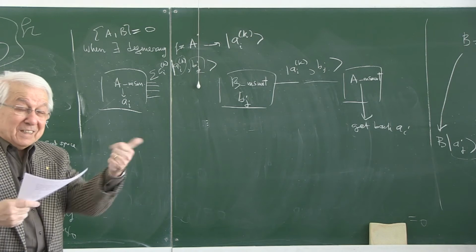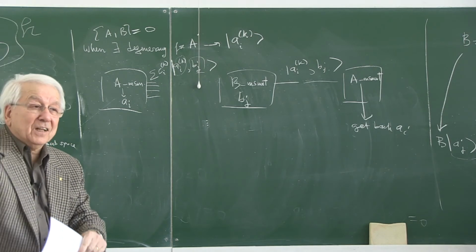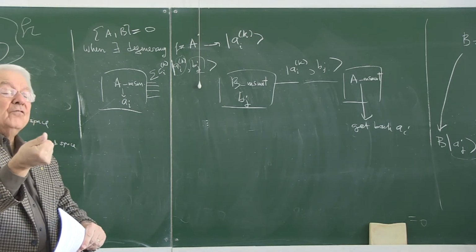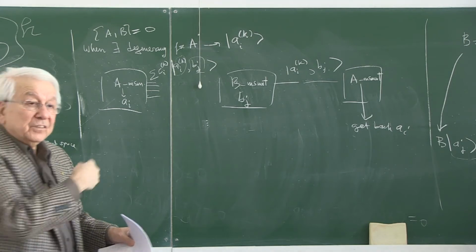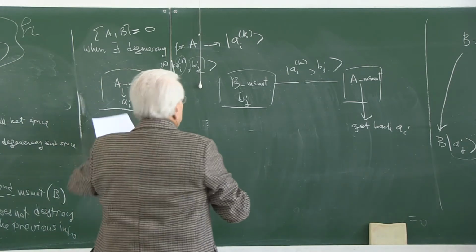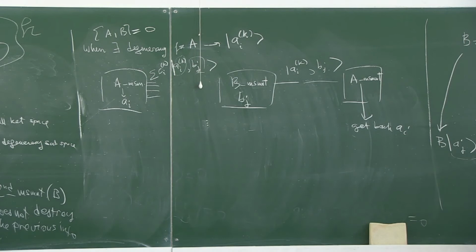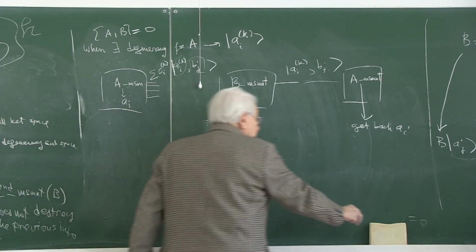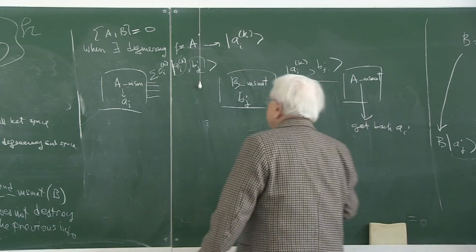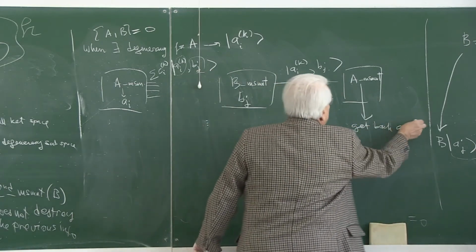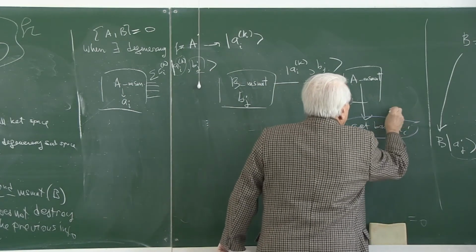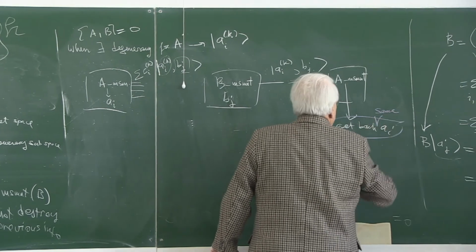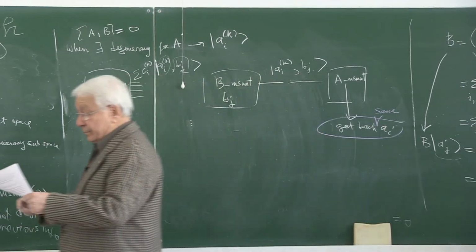Notice that degeneracy means single eigenvalue, many eigenstates. There may be many eigenstates, but the value you get is unique, the same one as you have obtained here. Perhaps I have to use a color to encircle it. Here. You still get back the same AI. Okay.